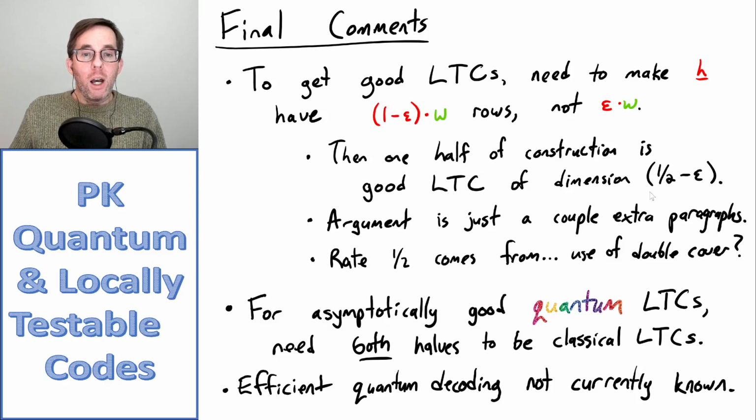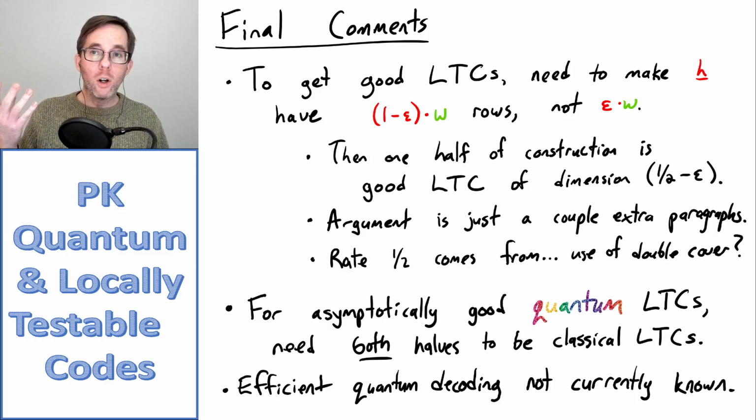Another thing that you could try to improve upon is you might want to get asymptotically good quantum locally testable codes. So there's also a notion of locally testable quantum LDPC codes. And Panteleev and Kalachev actually don't get this. In order to get this, you basically need to make your asymptotically good quantum LDPC code where each of the 2 halves are classical LTCs.